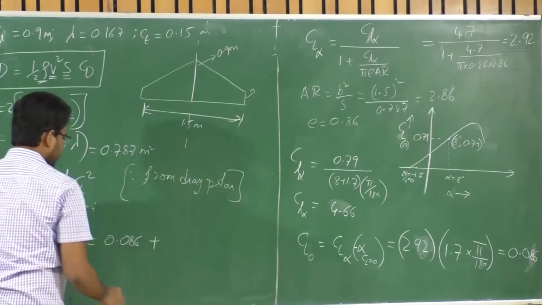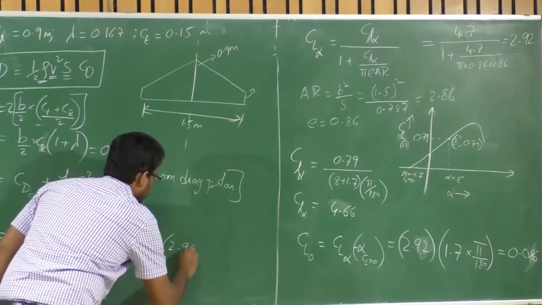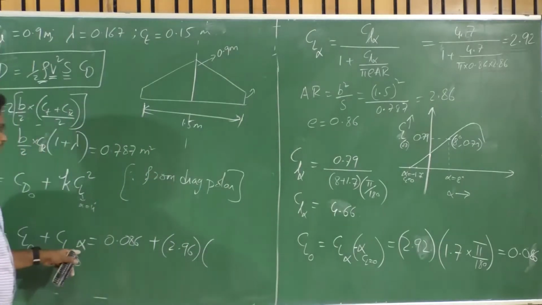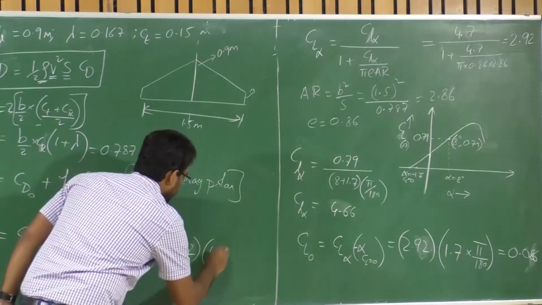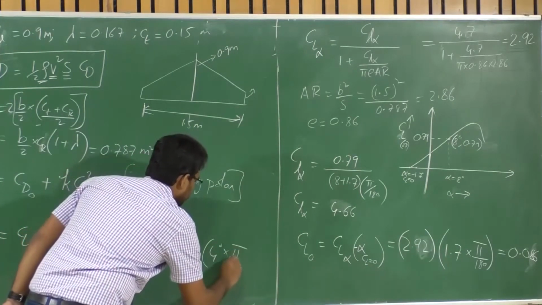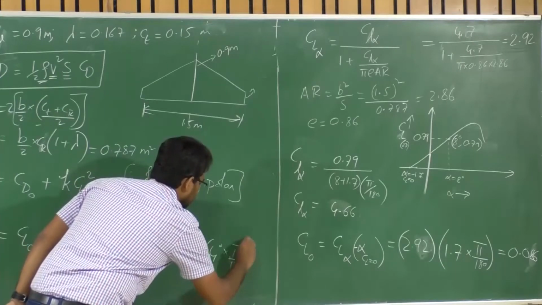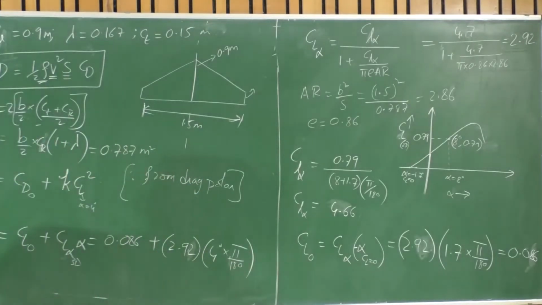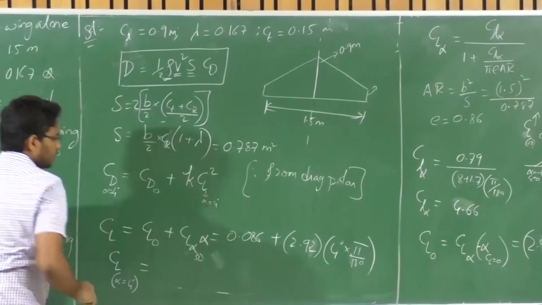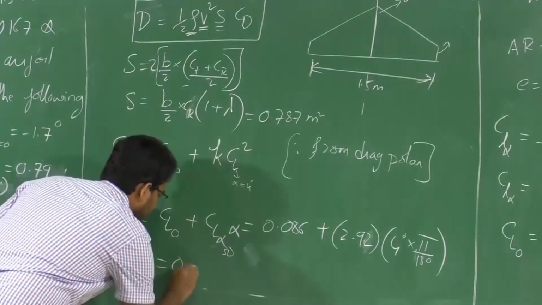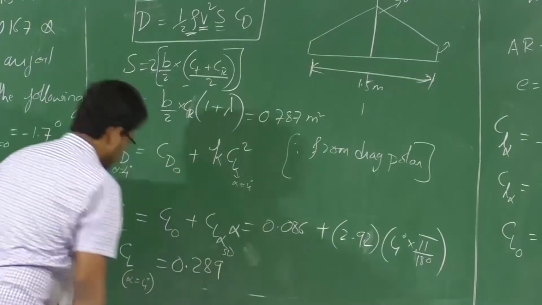0.086 plus CL alpha, sorry, 2.92 multiplied by 4 degrees, which is multiplied by pi by 180, and we have variable alpha here. So what is the value of CL at 4 degrees? CL at alpha 4 degrees is 0.289.